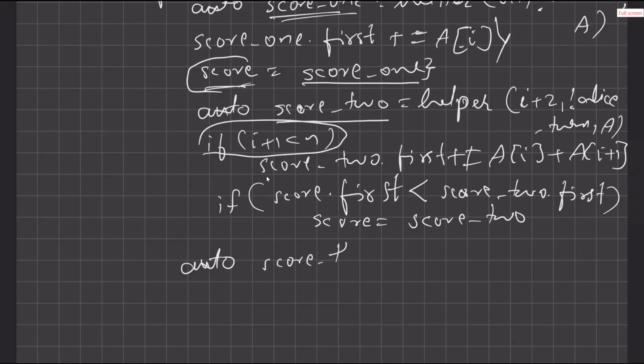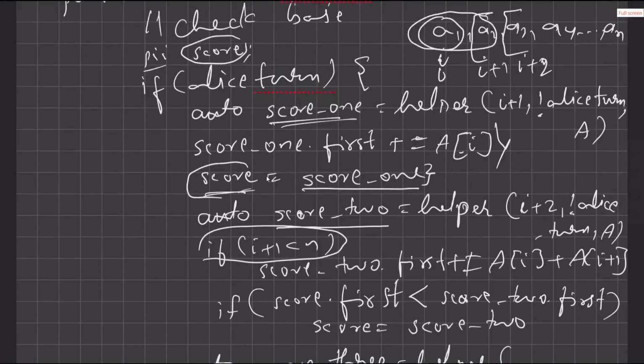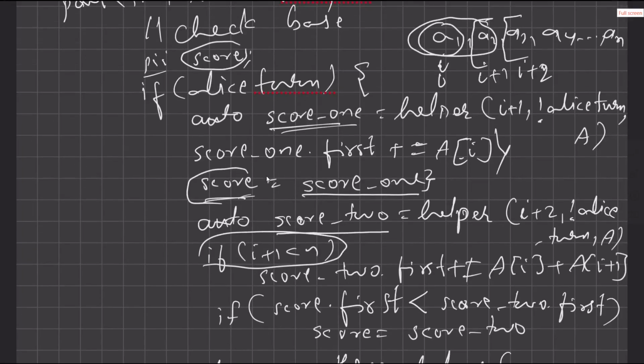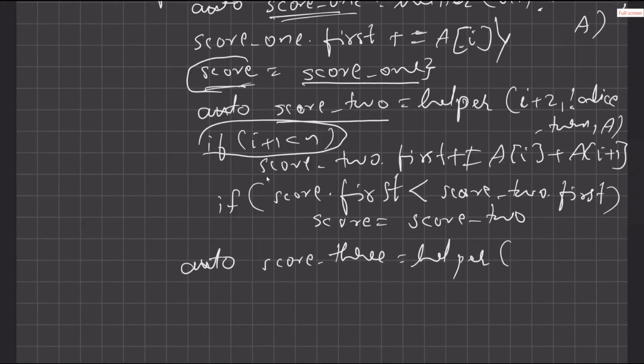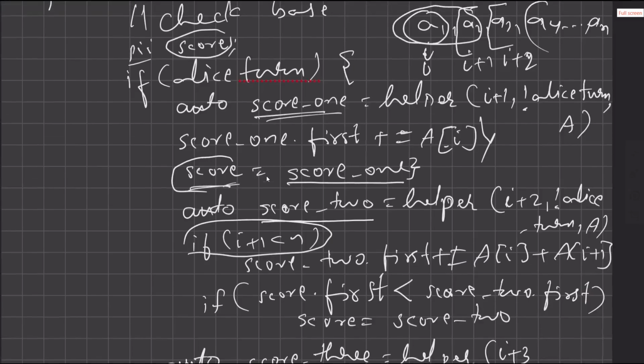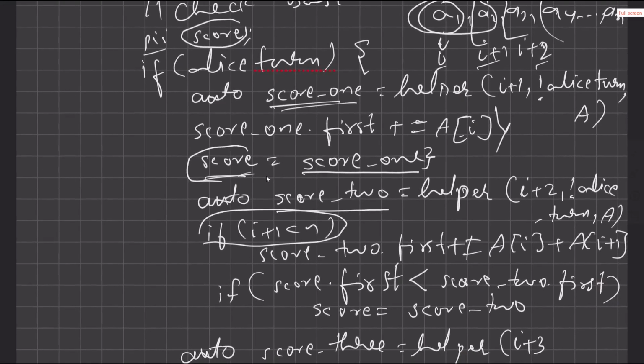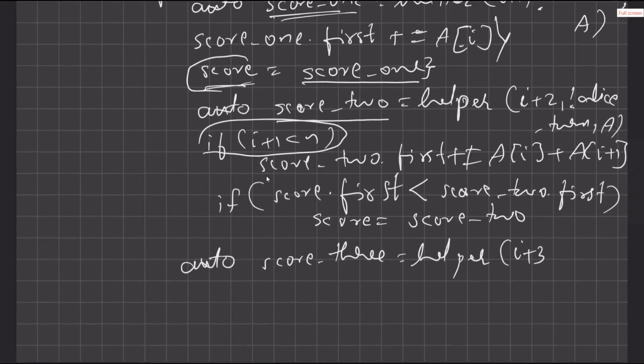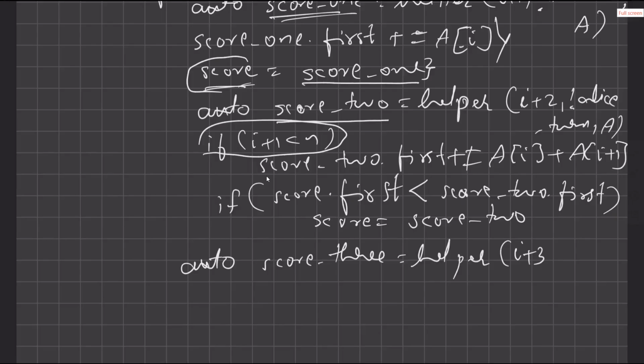So score underscore 3 is going to be helper of, since we are choosing three elements, I, I plus 1, I plus 2 will be chosen by Alice. Now Bob will choose from I plus 3, so we'll be passing I plus 3, and we'll flip this Alice turn and pass this array A.